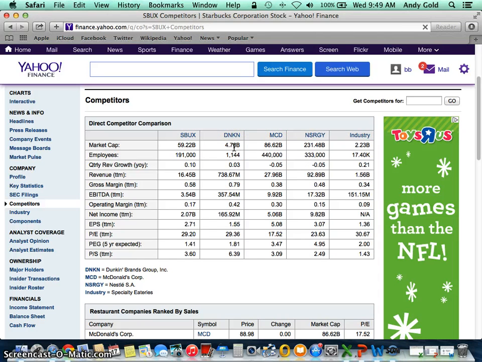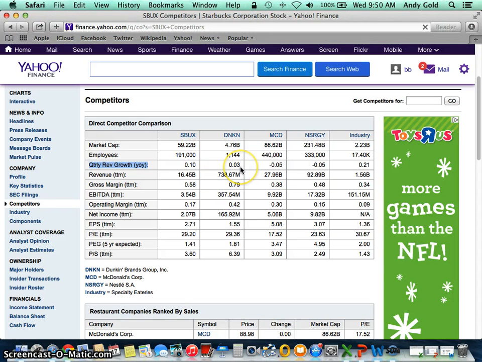Another thing we spoke about is that typically companies that are more mature are growing at slower rates. One way for us to measure this is to look at the quarterly revenue growth. This is a measurement of how fast or slow a company's sales are increasing every 3 months. In the case of Starbucks, their sales are increasing by 10%.